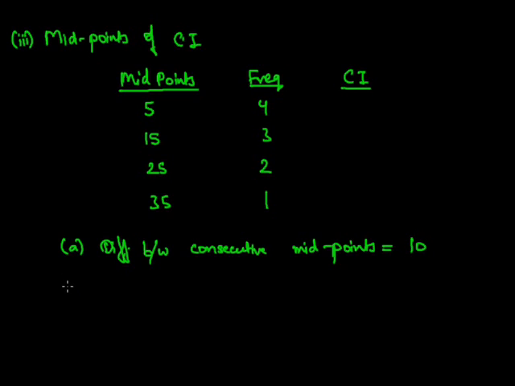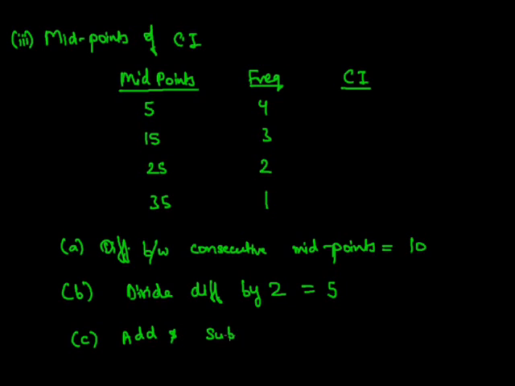In the second step, we divide this difference by 2, so we get 10 divided by 2, that is 5. In the next step we add and subtract this result, 5, from the midpoint.